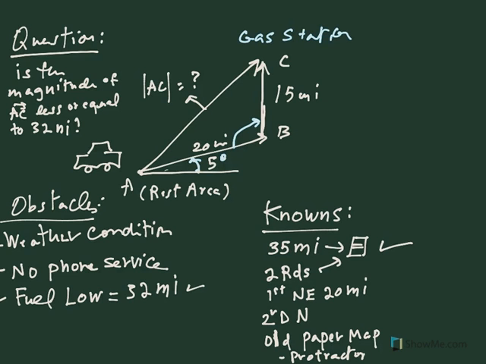because he wants to know if this second route is less than or equal to 32 miles, and to see if that's a good option. And therefore, to solve this problem, now he has a diagram, and he can proceed to answer this question.